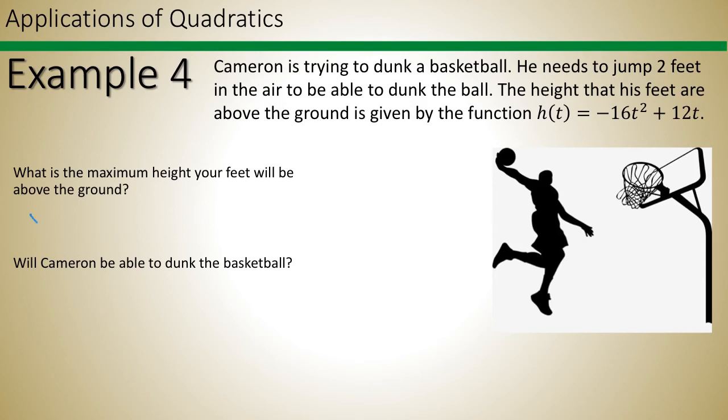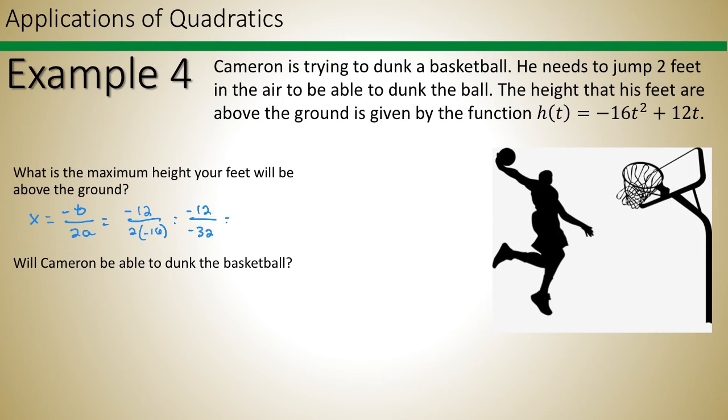So we're going to do x is negative b over 2a. So that's going to be negative 12 over 2 times negative 16, which is negative 12 over negative 32.